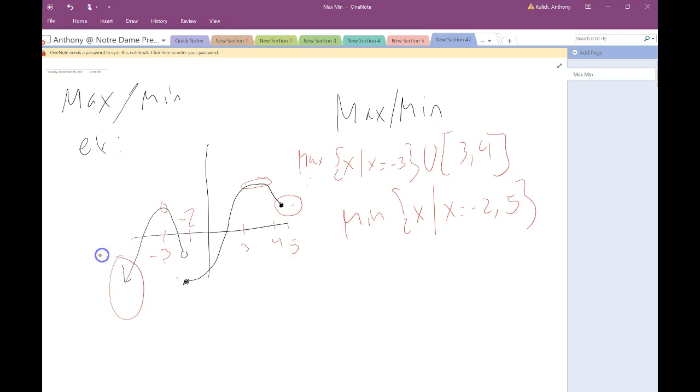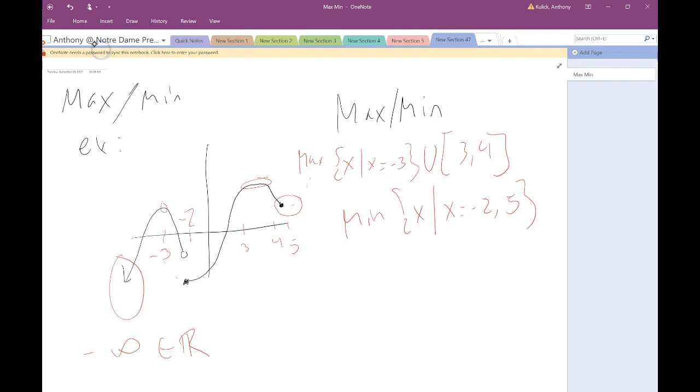This can't be a minimum because negative infinity is not a number. It's a concept. So we can't have maximums and minimums at positive or negative infinity. If that makes sense. Okay.